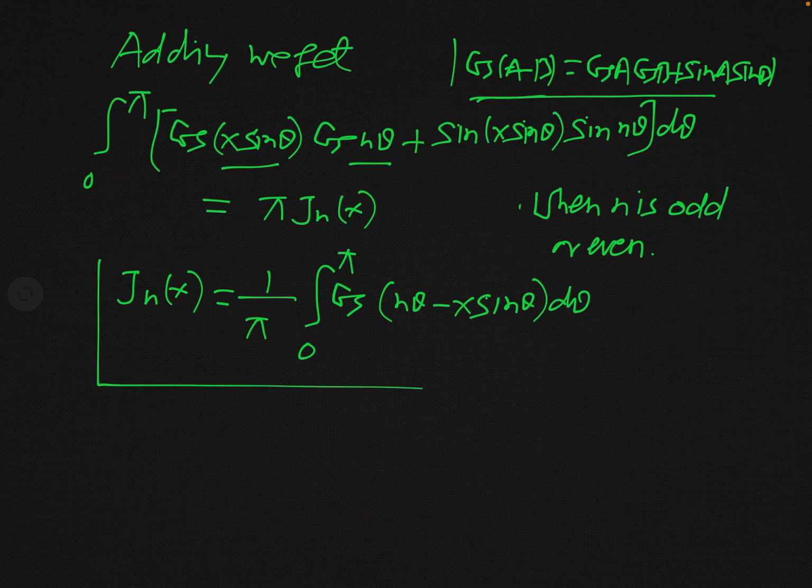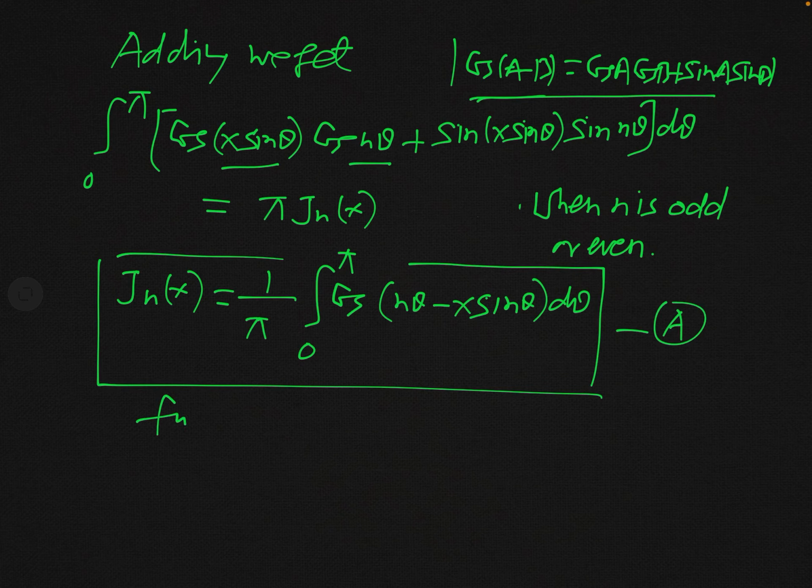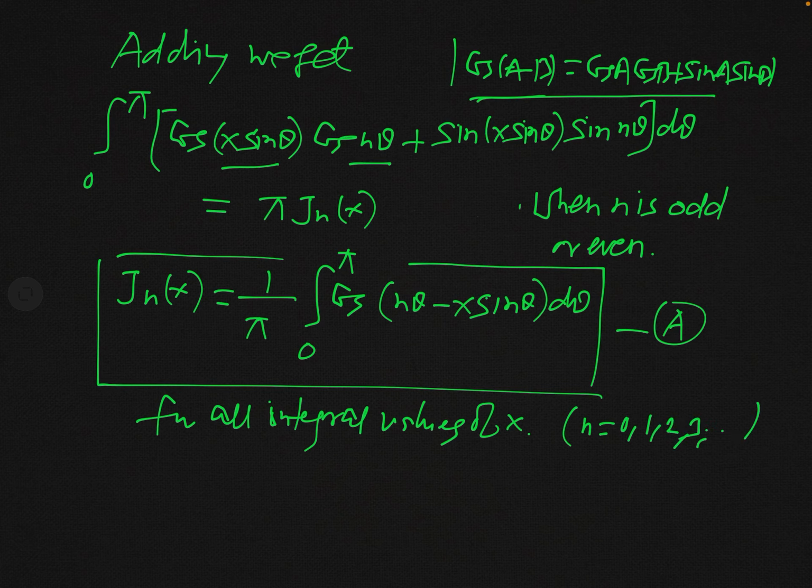So actually this is the integral form for the Bessel function Jn of x, and from this result you can write the value of Jn of x for any integral value of n. So this result is valid for all integral values of n. So you can obtain its particular values by putting n equal to 0, 1, 2, 3 and so on.